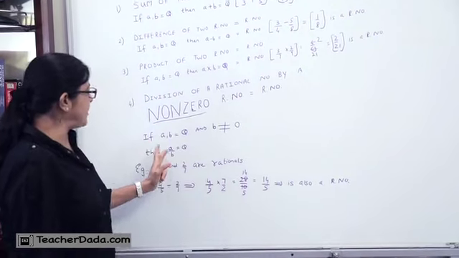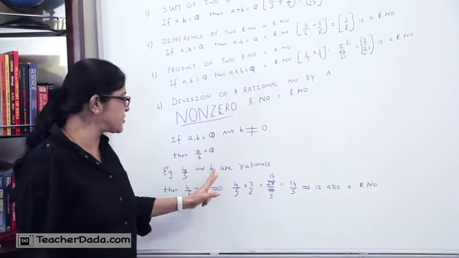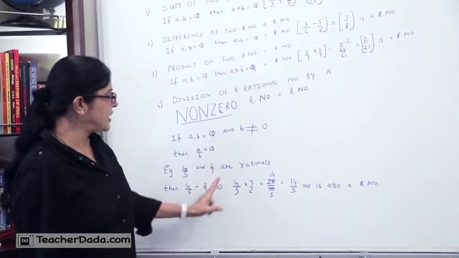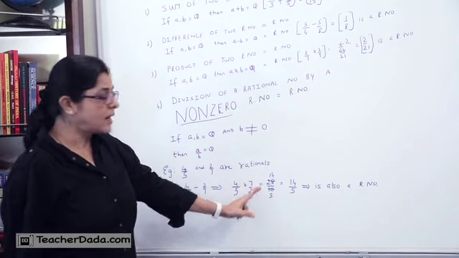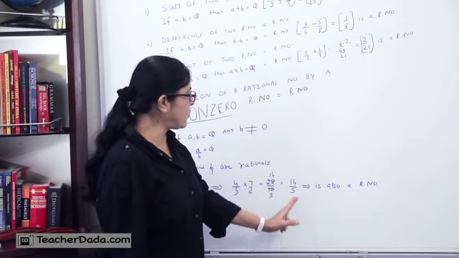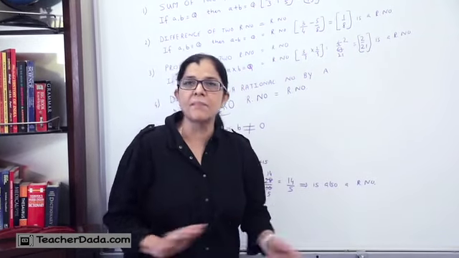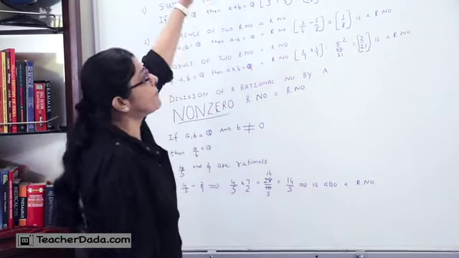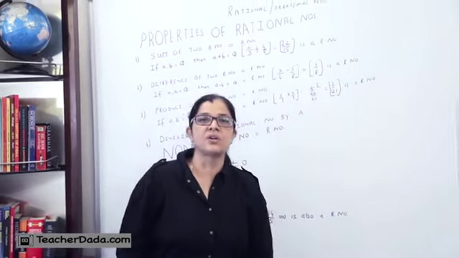Then A upon B belongs to Q. For example, 4 upon 5 divided by 2 upon 7. If I divide it, I make it reciprocal. 4 upon 5 into 7 upon 2. I reduce it. I get 14 upon 5, which is also a rational number. The condition is that the denominator should not be equal to 0. So these are the properties of rational numbers which you should be familiar with before we start with the actual problems.